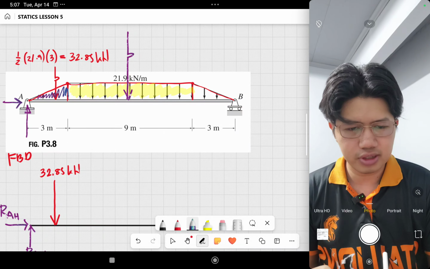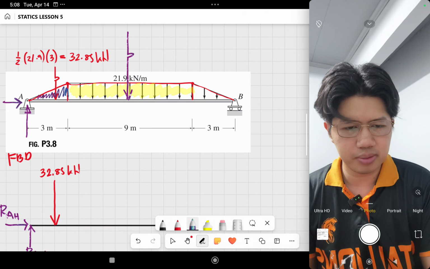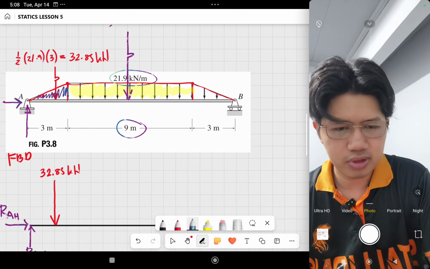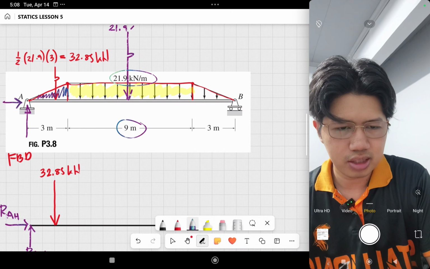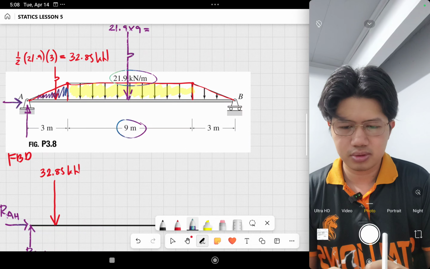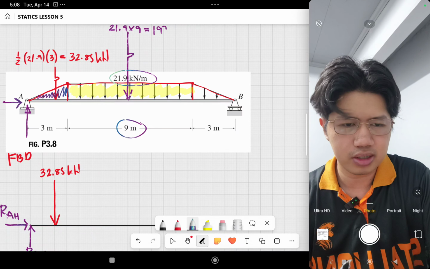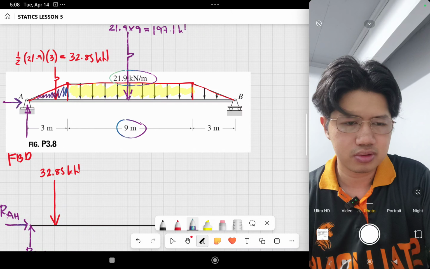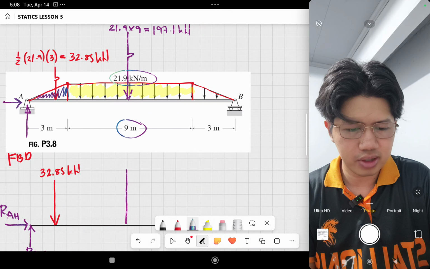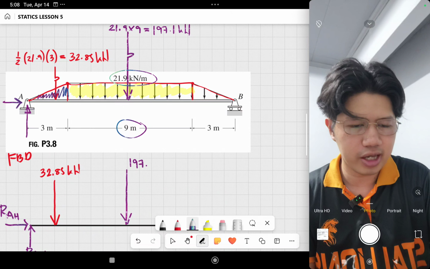So area of the distribution, yung rectangular part, that is 21.9 times 9 meters. That is 197.1 kilonewton. Bigay ko lang sa ating free body diagram.